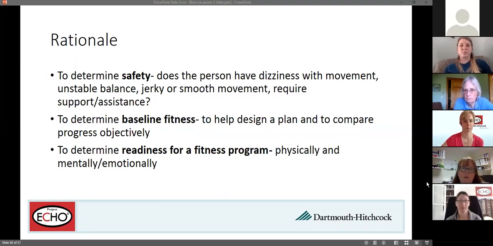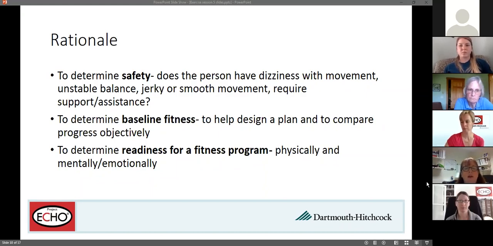So comparing for the individual that you're working with as well as groups, so you can, maybe at the end of a class, say everybody in this group increased their activity level or their fitness level or whatever the measure is that you're looking at over a 6-month time period or something like that. So again, it's just a way to objectify what you're looking at.